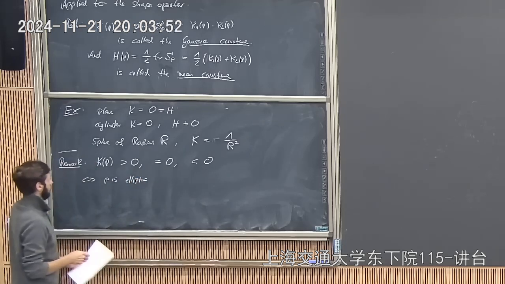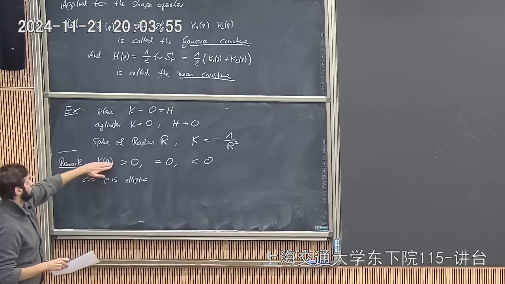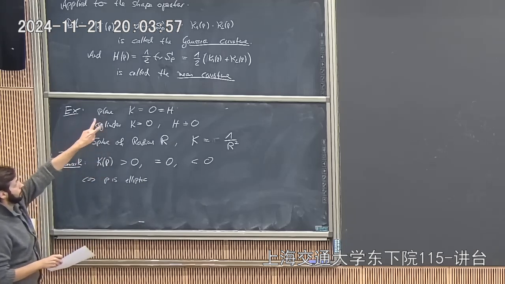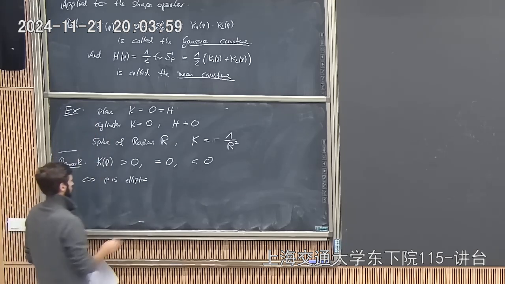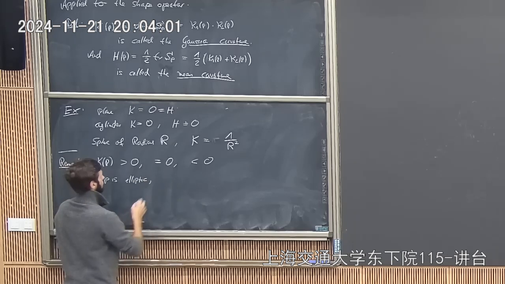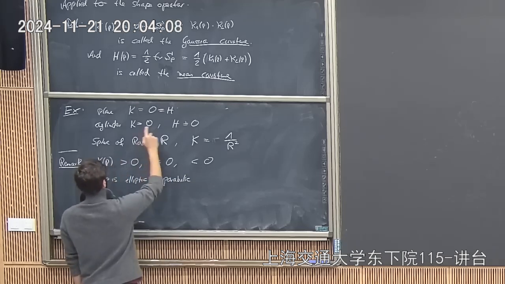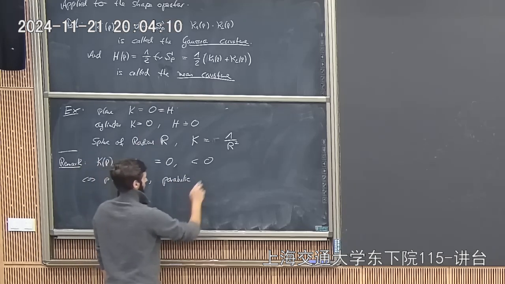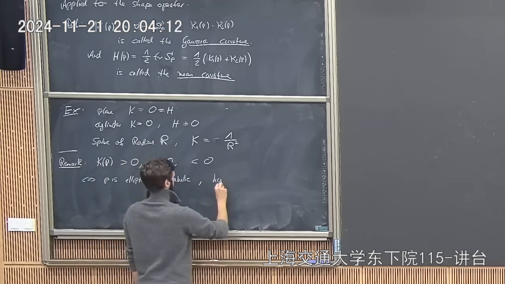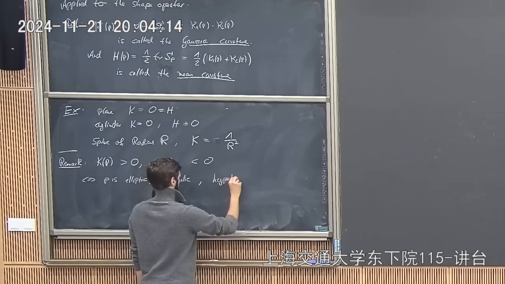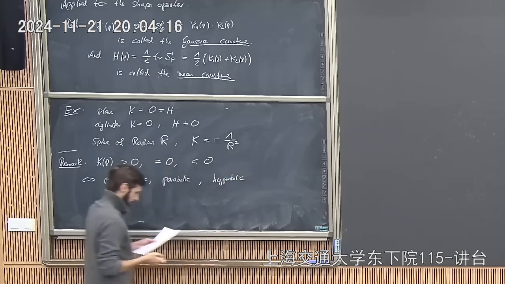So these are points where the curvatures have to have the same sign. So these are elliptic. 0 would be where one of them is 0, so that's a parabolic point, as we had on the cylinder, and smaller than 0 are hyperbolic points.